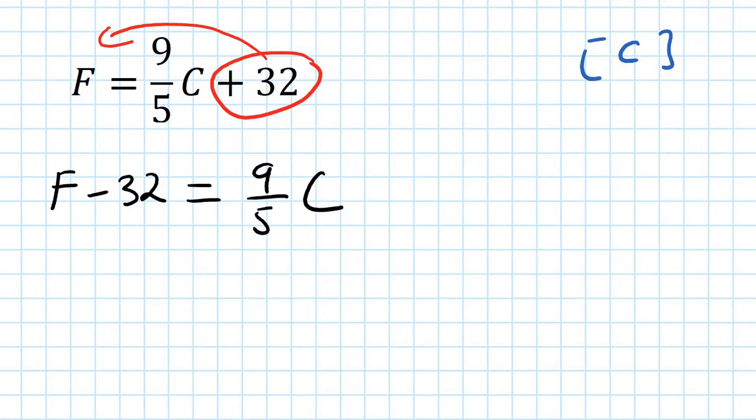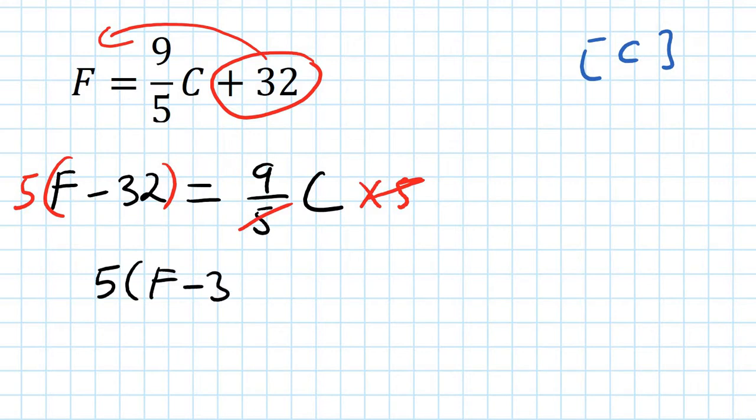The next process is I get rid of the bottom first, so I times by 5, because I do the opposite. Because I times by 5, on the left-hand side I need to times 5 as well, but because it's more than one term, I put an open bracket in front, because the whole lot is times 5. So this disappears. Now you're left with 5 open bracket f minus 32 close bracket is equal to 9c.